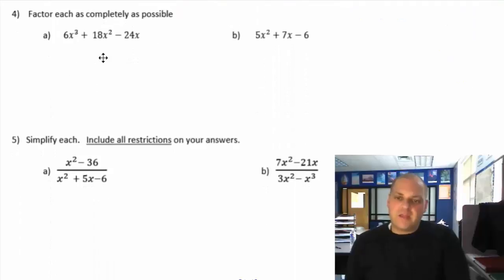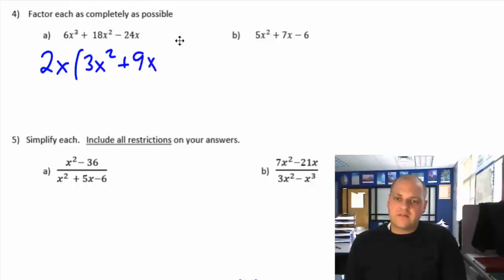Factor completely. All right, come on, guys. We got to know this by now. Take out a 2. Take out an x. 2x times 3x squared plus 9x minus 12. Is that right? What am I doing?